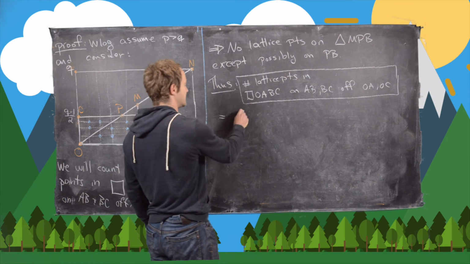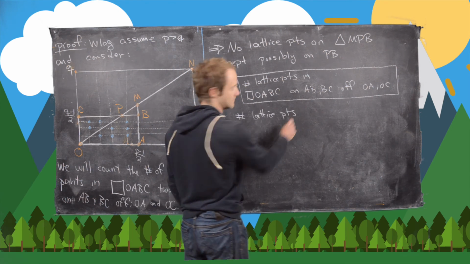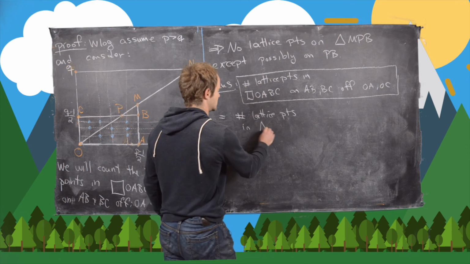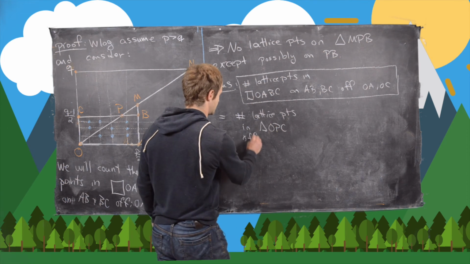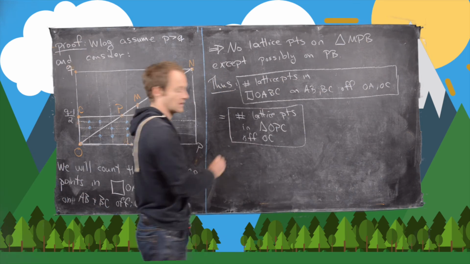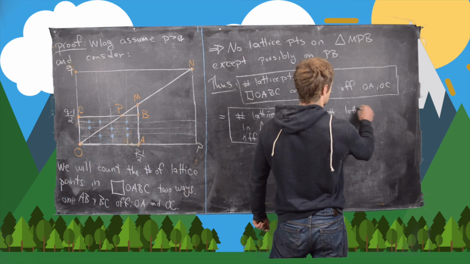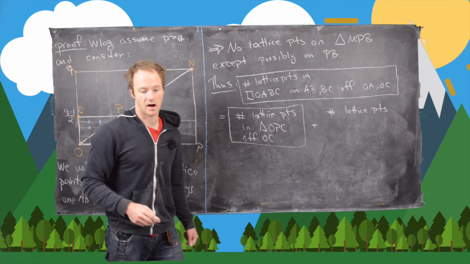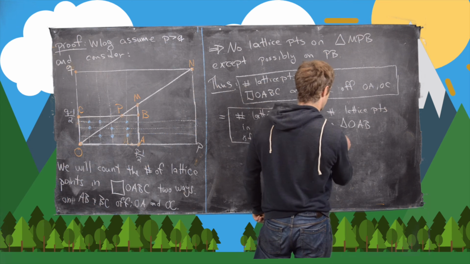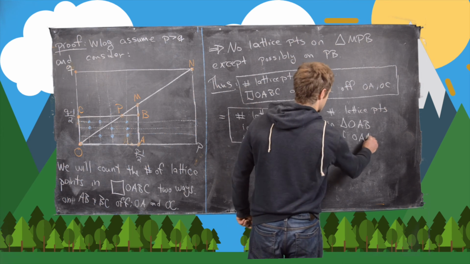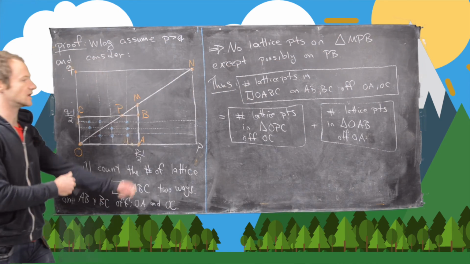So that equals the number of lattice points in triangle OPC, off OC, okay, good, plus the number of lattice points in triangle OAM, off OA. Okay. Good. So let's look at that.